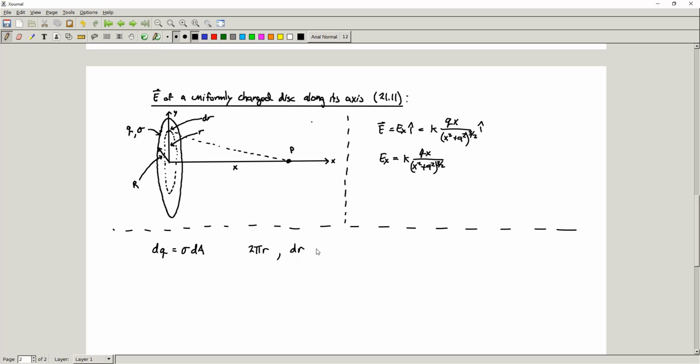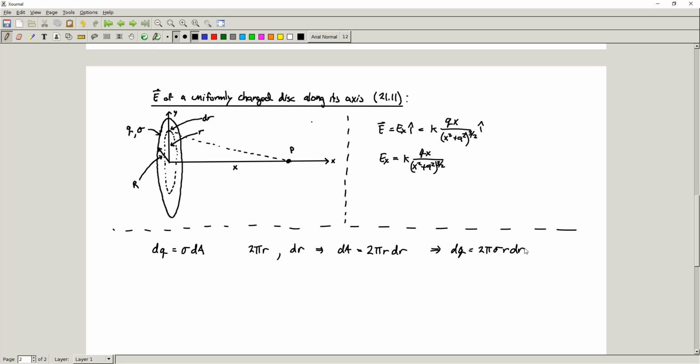And this means that our dA is basically our circumference times some small chunk of thickness, right? So we have some small chunk of thickness that we're working with as we go around each of these concentric circles, right? And this means that our dq is going to end up being 2 pi sigma r dr, okay?